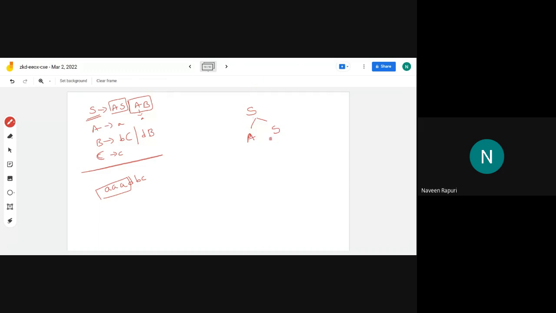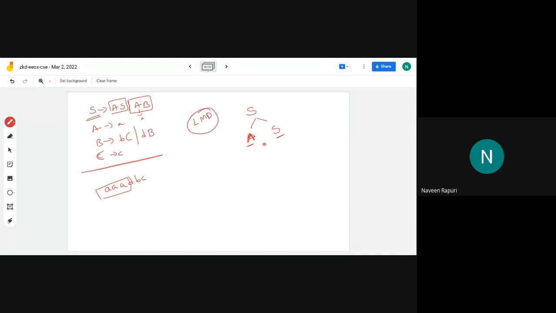Here, you please see, sir. I can reduce capital A as well as capital S. Suppose every time I reduce the leftmost non-terminal, that is called LMD.